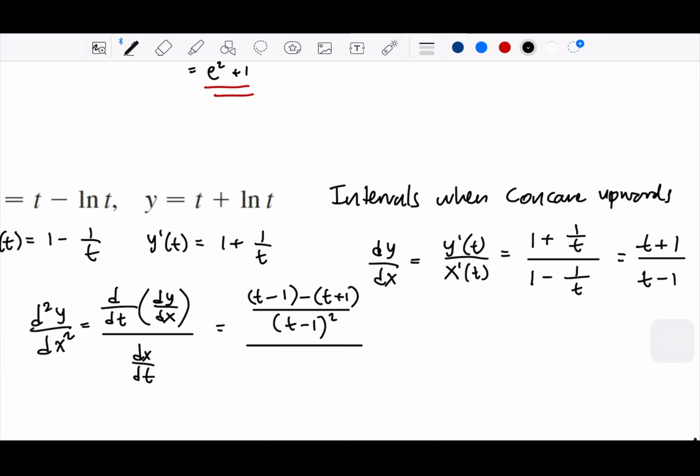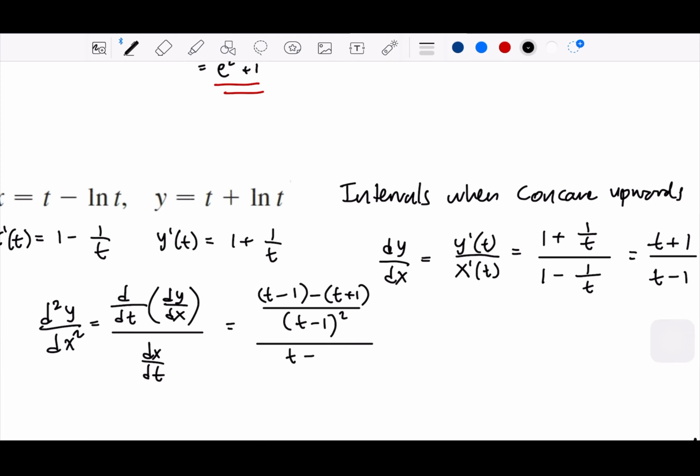And dx over dt is t minus 1 over t, okay? So we are going to simplify. This is cancelled. This will be negative 2, right? So negative 2 multiplied with t is negative 2t over t minus 1 cubed. Okay.